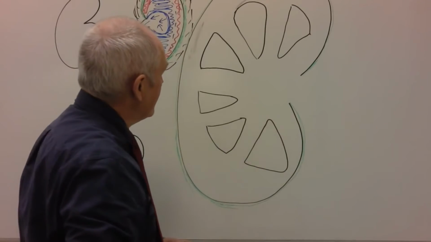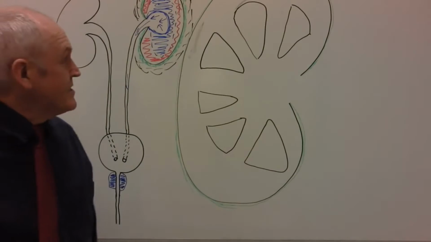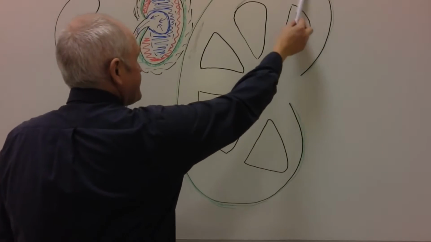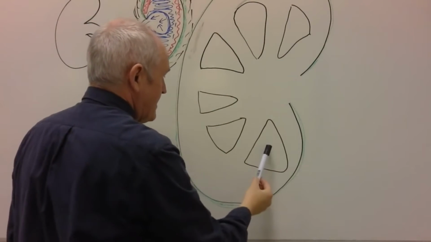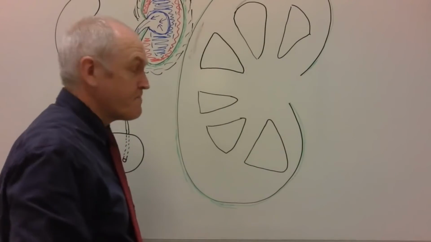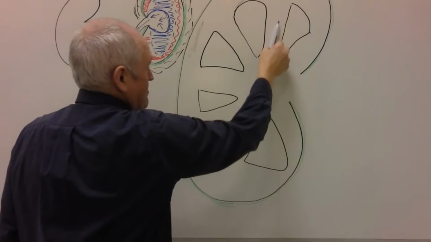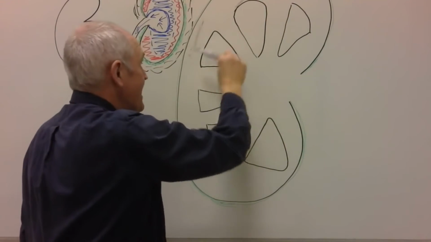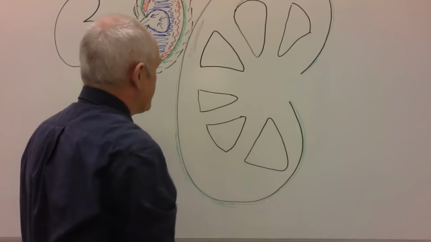So now we see that the renal cortex is round about here, and that the renal medulla is actually made of these renal pyramids. And the cortex has columns which project down between the pyramids.